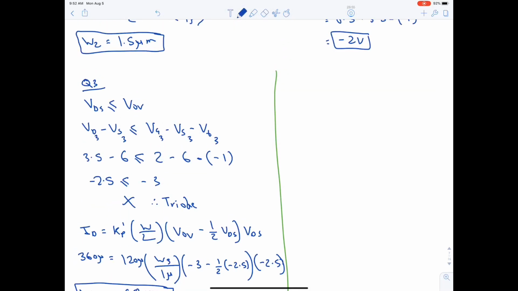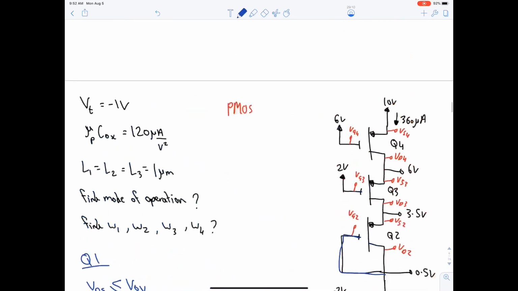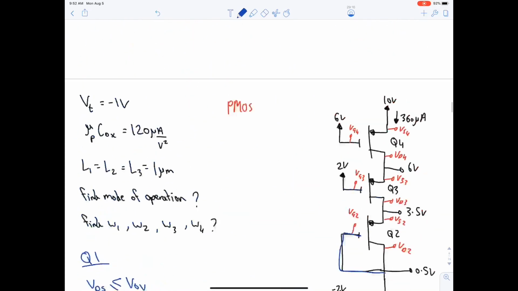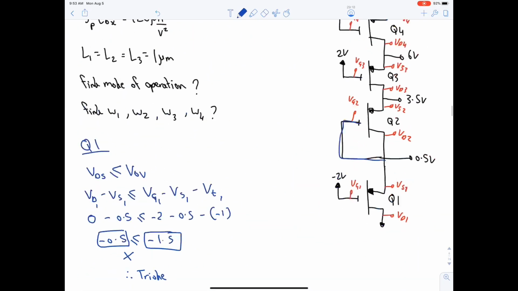Let's do Q4 now. It's PMOS, so VDS less than VOV. VD4 minus VS4 less than VG4 minus VS4 minus VT4. VD4 is 6. VS4 is 10.